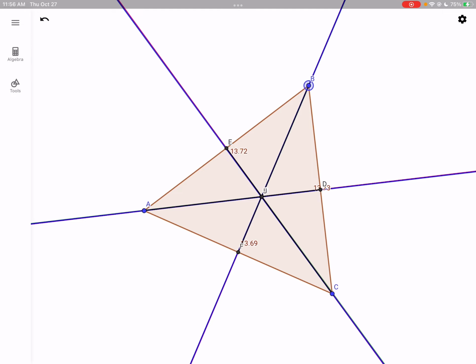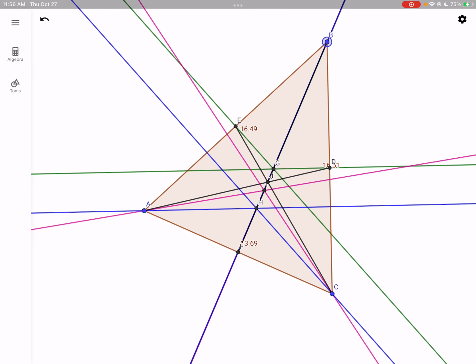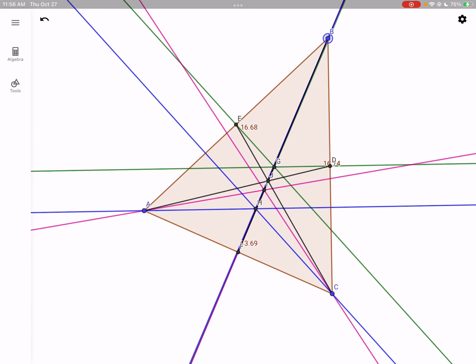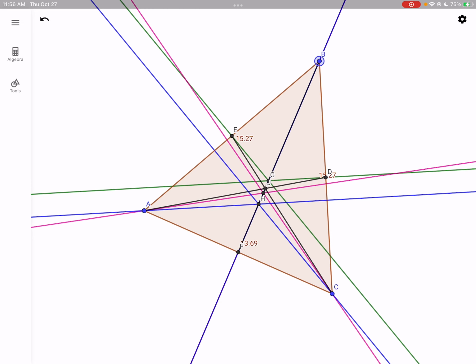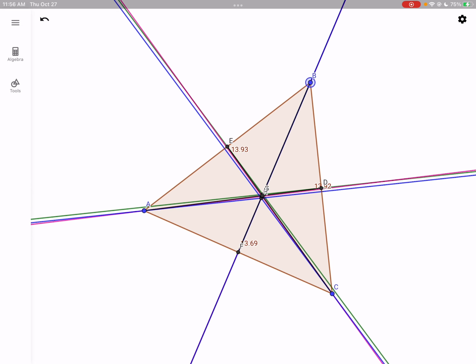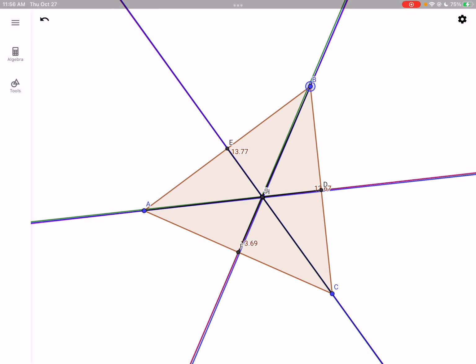And what's more is pay attention to the special points. Right now, G, J, H, and I, look at them. They're four separate points. Can I do it? 1. Oh, I picked up my finger and it moved. 1. That's about as good as I can get.